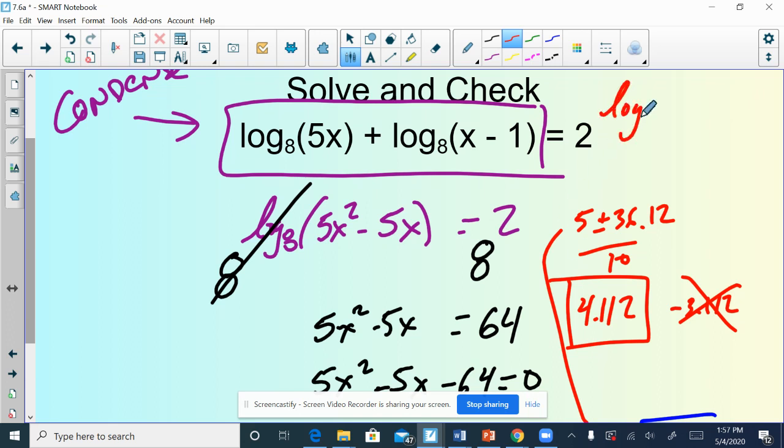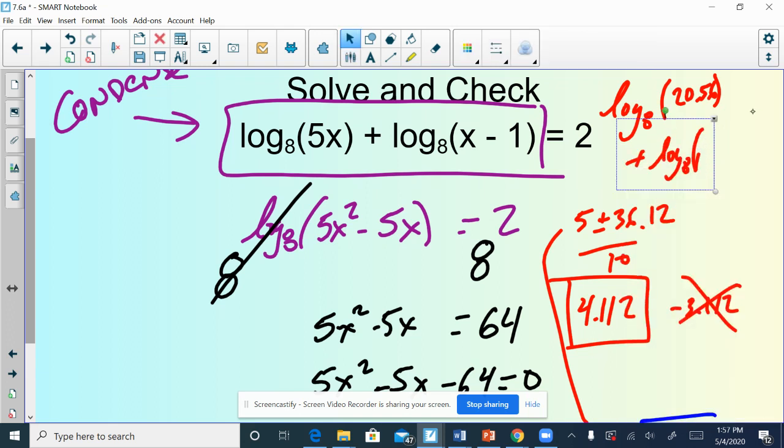Log base 8 of 5 times 4.112 is 20.56, and I'm going to add log base 8 of 3.112. So remember, I have to use my change of base formula there.